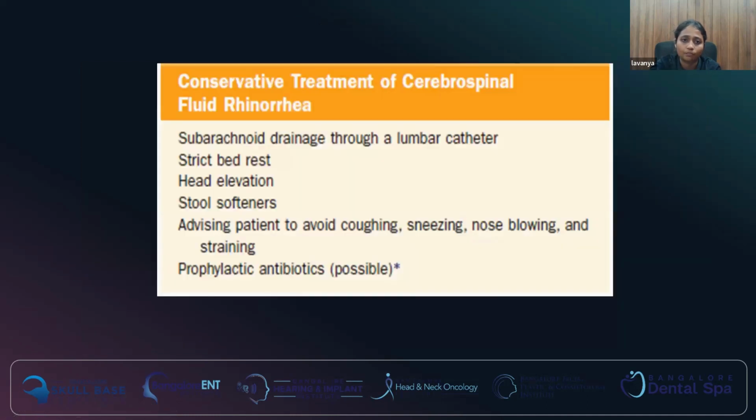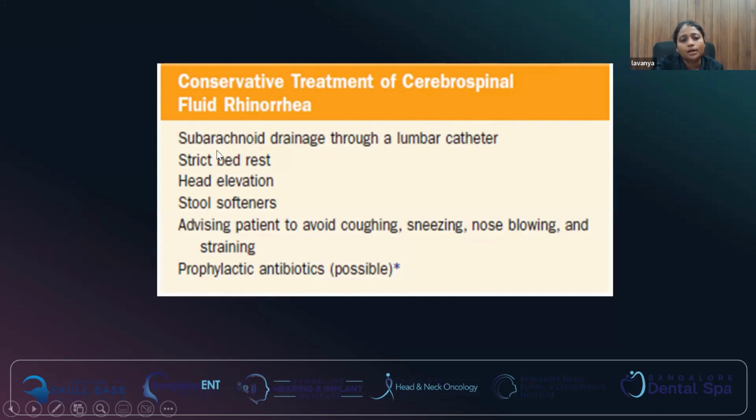If you look at conservative treatment of cerebrospinal fluid rhinorrhea, the main thing is we can do a lumbar puncture, put in a lumbar catheter and drain CSF slowly, generally less than 10 ml per 24 hours.